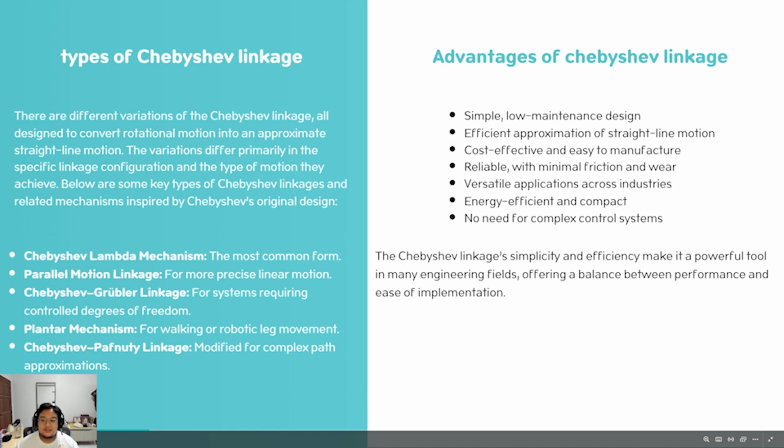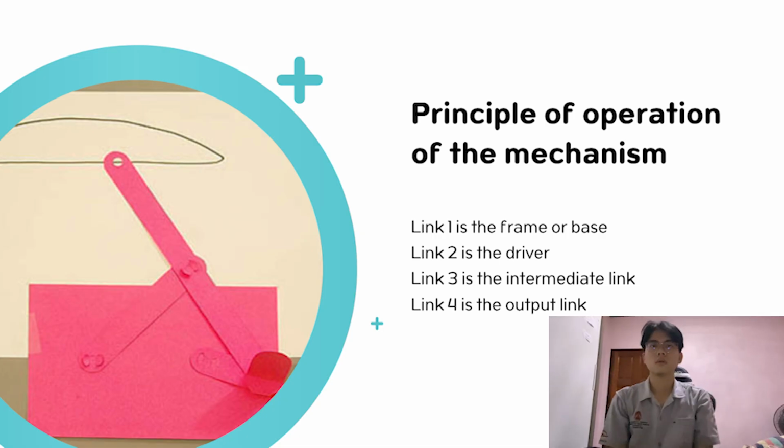Energy efficient and compact. 7. No need for a complex control system. The Chebyshev linkage's simplicity and efficiency make it a powerful tool in many engineering fields, offering a balance between performance and ease of implementation. Now let's go over the components of the Chebyshev linkage mechanism and its working principle.